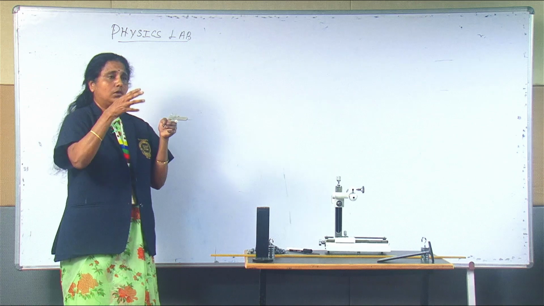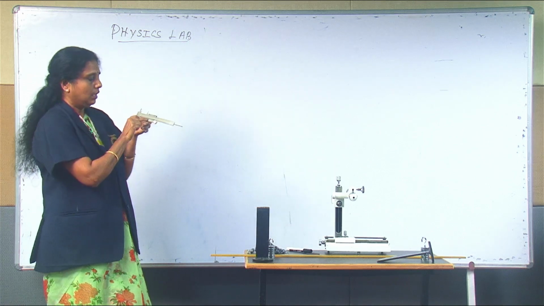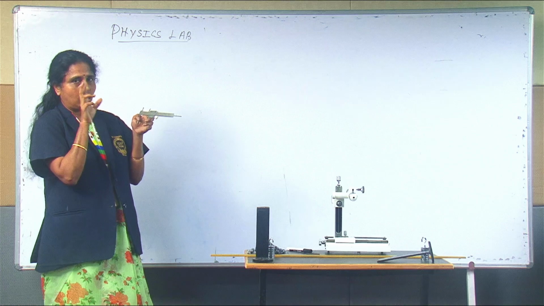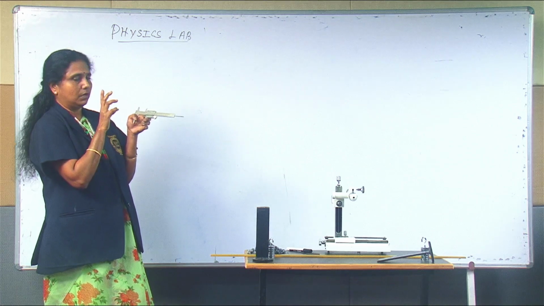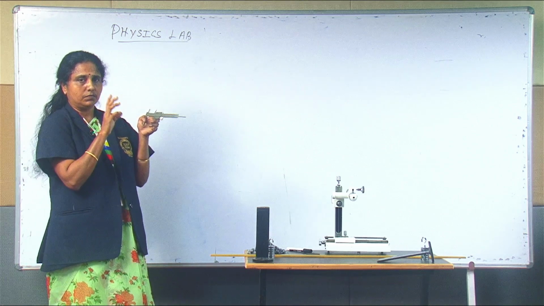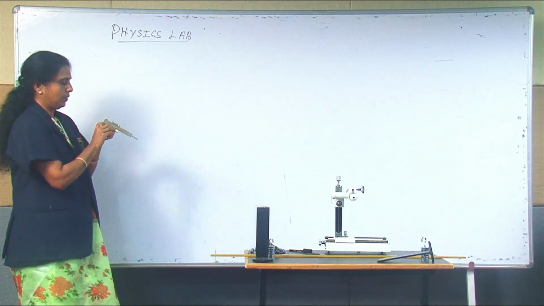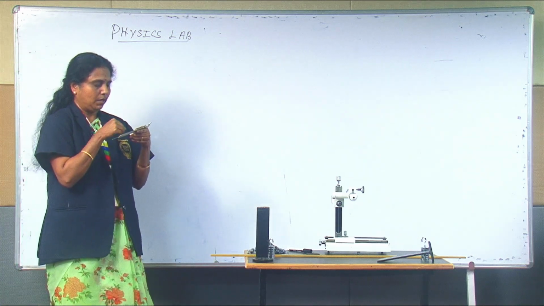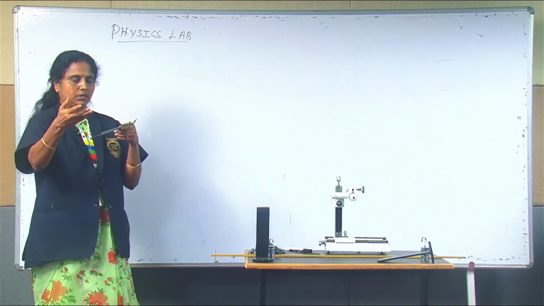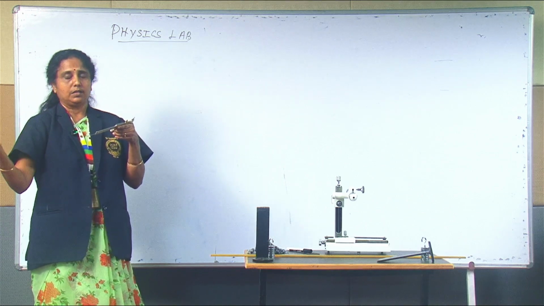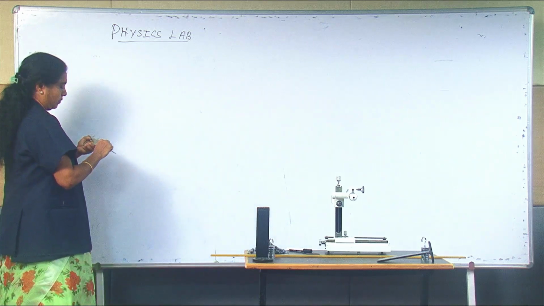Don't write it as 20 or 30 something like that, because the number of divisions in vernier scale is only 10. So the vernier reading is below 10 and above 0. For me it comes around 2, or for some other person it may be 2, 3 or 5, it differs.